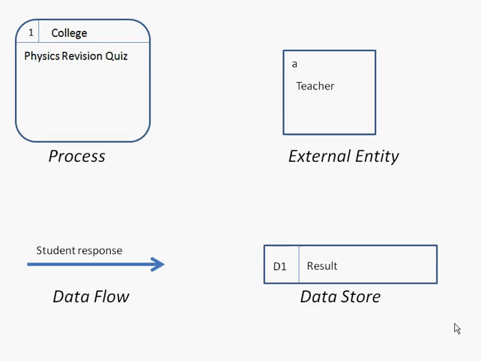Then we'd have a data store, which is a long rectangle divided up into two, and in the first part we have a letter and a number, and in the second part we have the data that is stored somewhere. So this will be some data that is saved or stored somewhere. A D would mean that the data stored is digital.